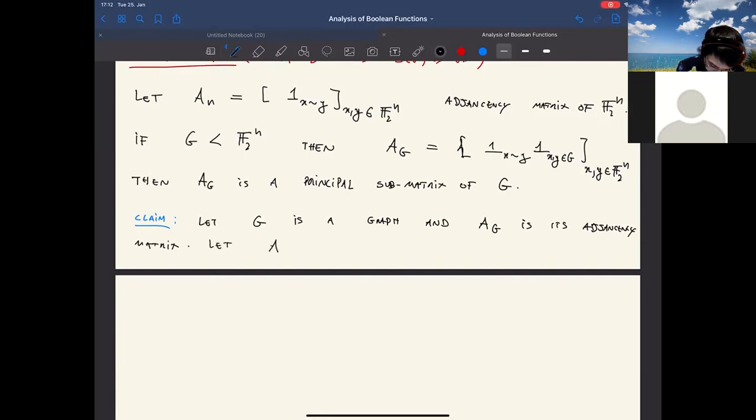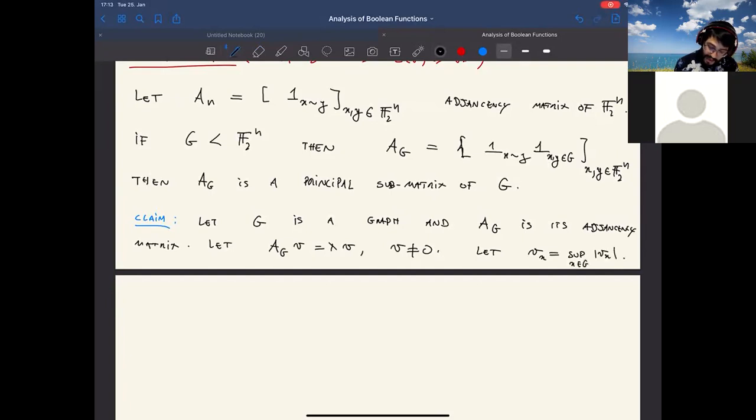And let's say A_G V equals lambda V for some V different from 0. So you have some vector, some eigenvector. Okay, then, what do we have? V would be a vector indexed by the elements of the graph, and then you can say let |V_x| be the supremum of |V_x|.